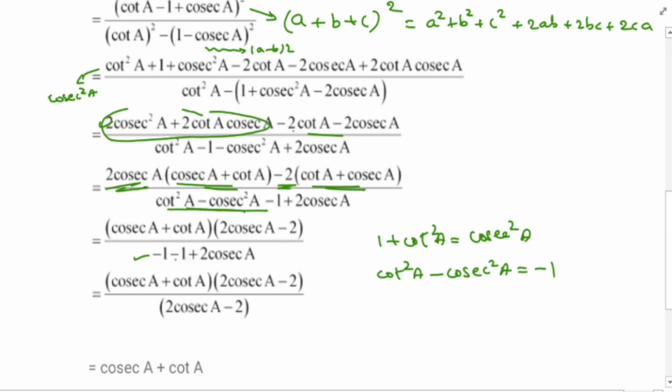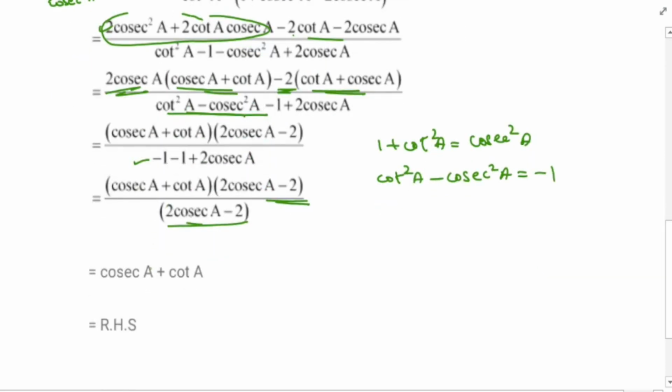So here minus 1 plus 2 cosecant A, and 2 cosecant A minus 2 cancel. So the remaining terms are cosecant A plus cot A, which is the RHS. So this is the solution for the fifth problem.